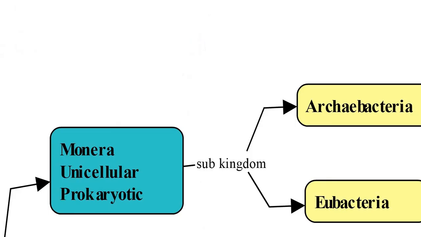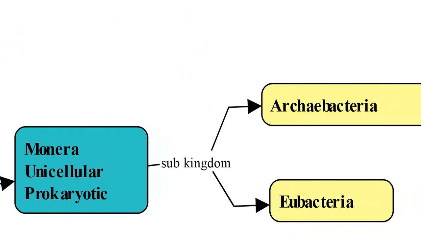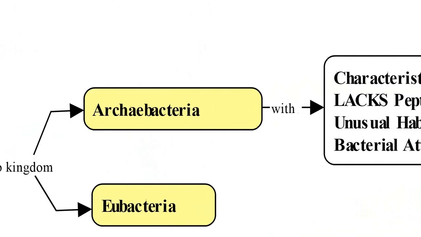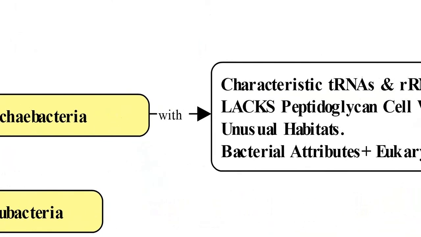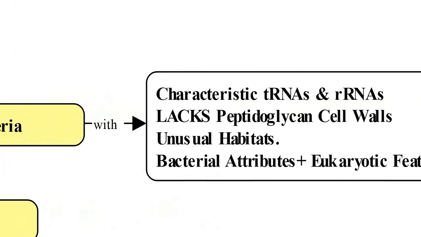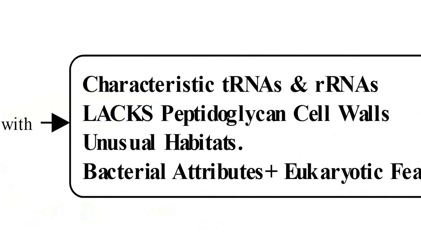Under the kingdom Monera, he placed two subkingdoms, archaebacteria as well as bacteria. The archaebacteria are the organisms which live in all the extreme environmental conditions due to their specific characteristic tRNAs as well as rRNAs, and usually they lack a peptidoglycan cell wall, whereas all the other bacterial members contain peptidoglycan in the cell wall.